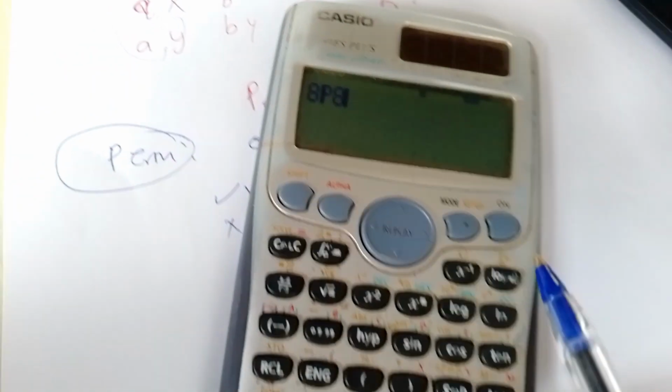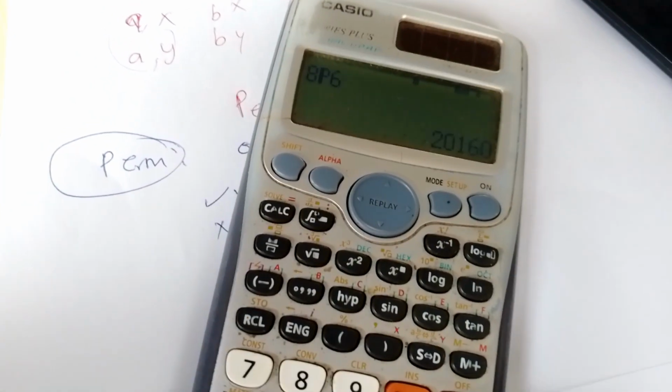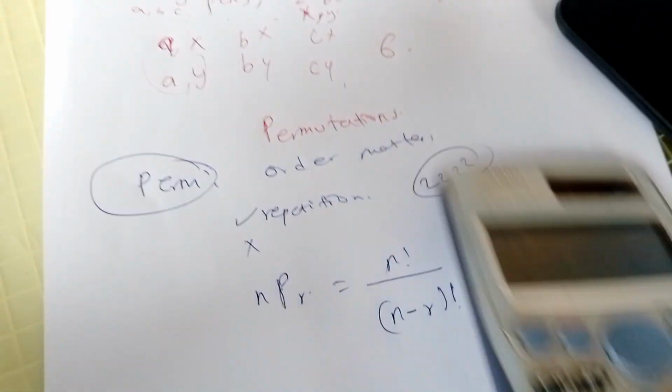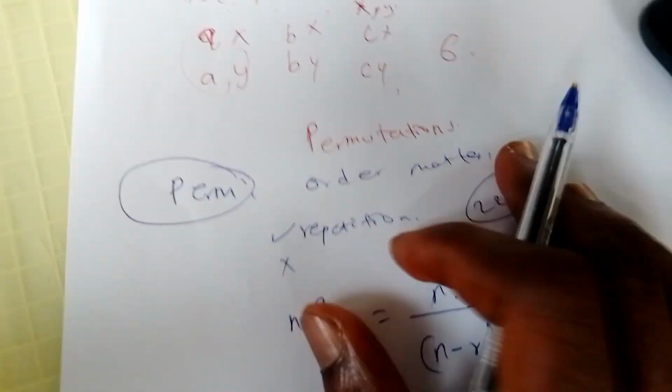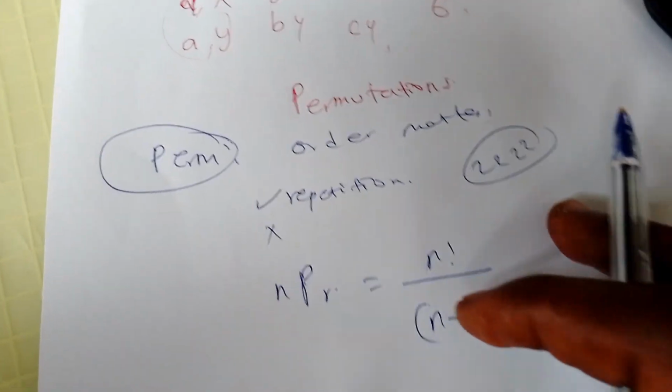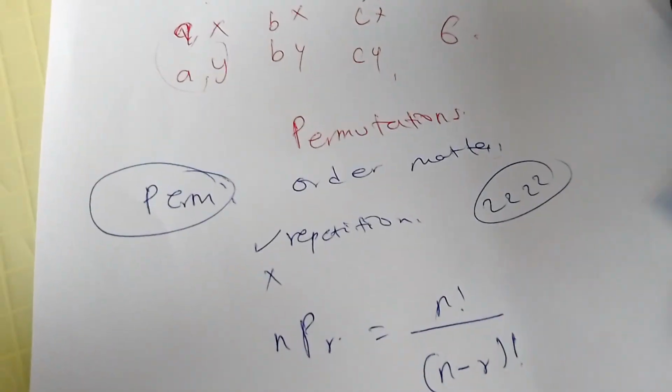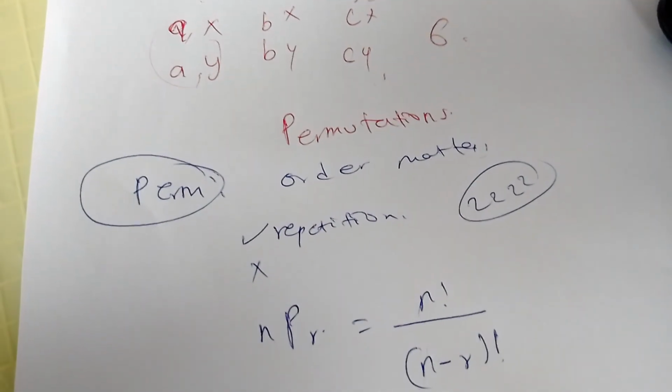You find your permutation here and your combination here. So you can just do 8 permutation r here, and you get yours. So that's it for permutations. But if you want to solve it the analytical way, this is how we solve it.